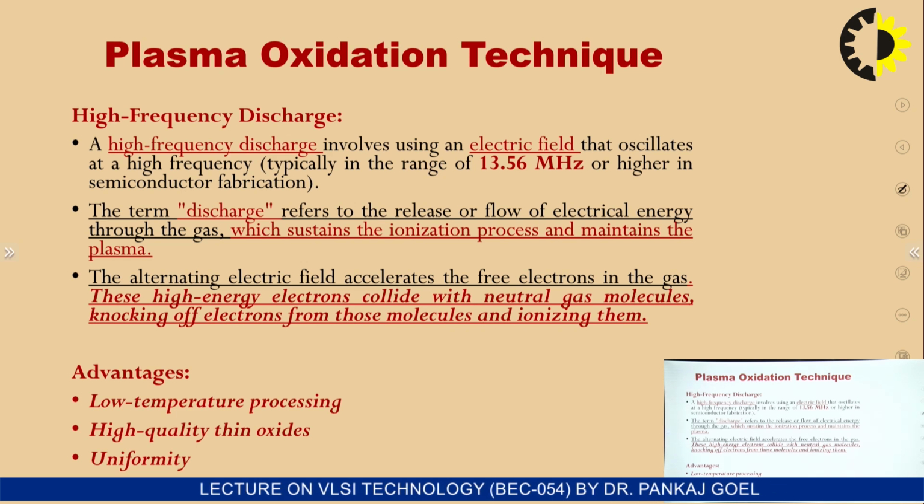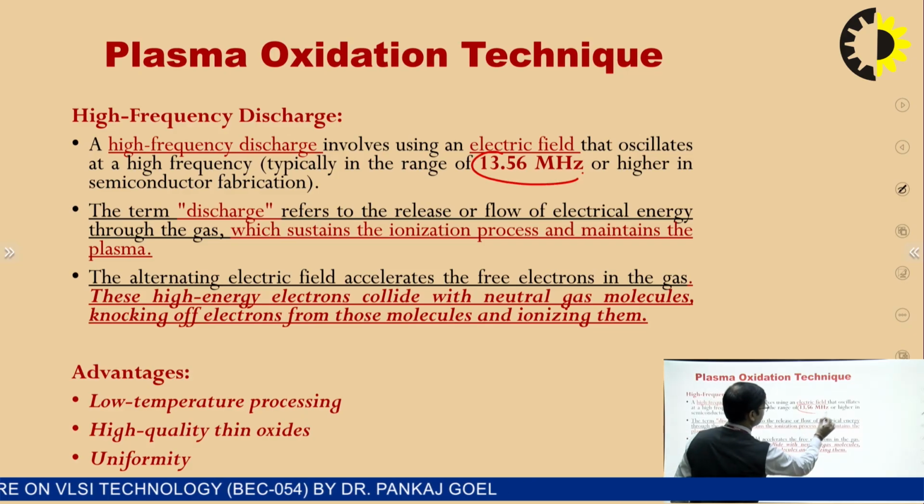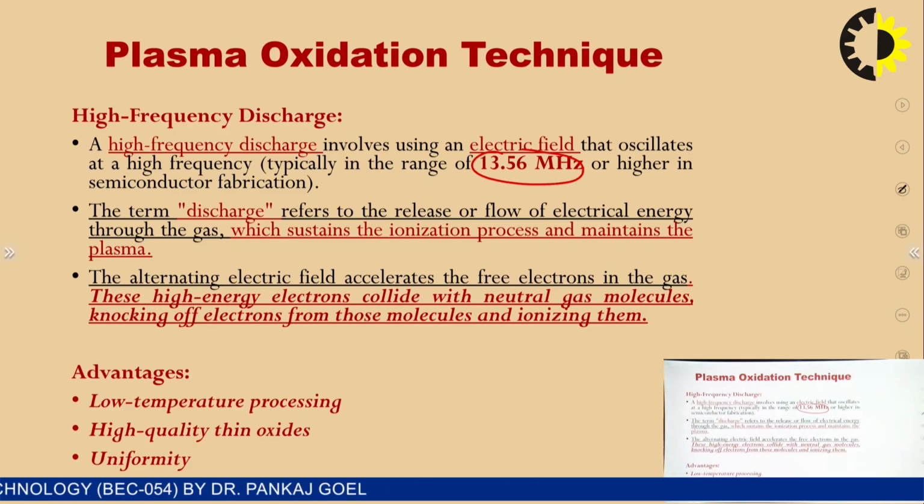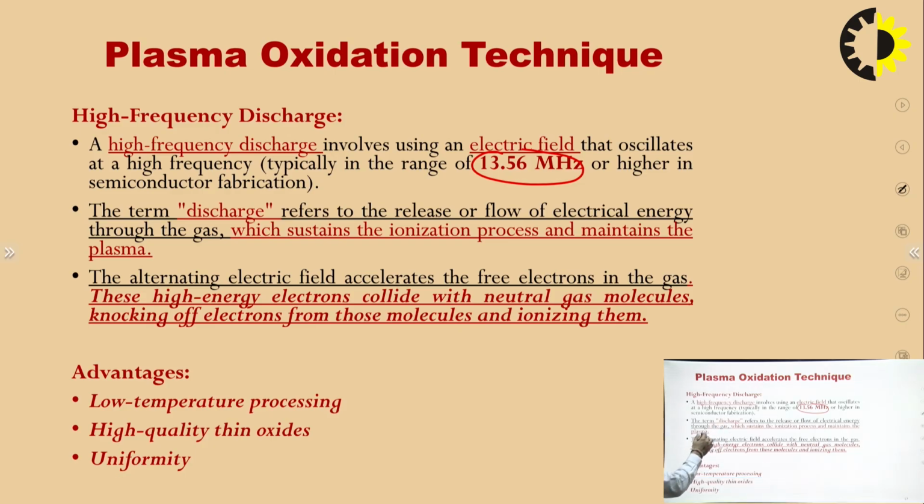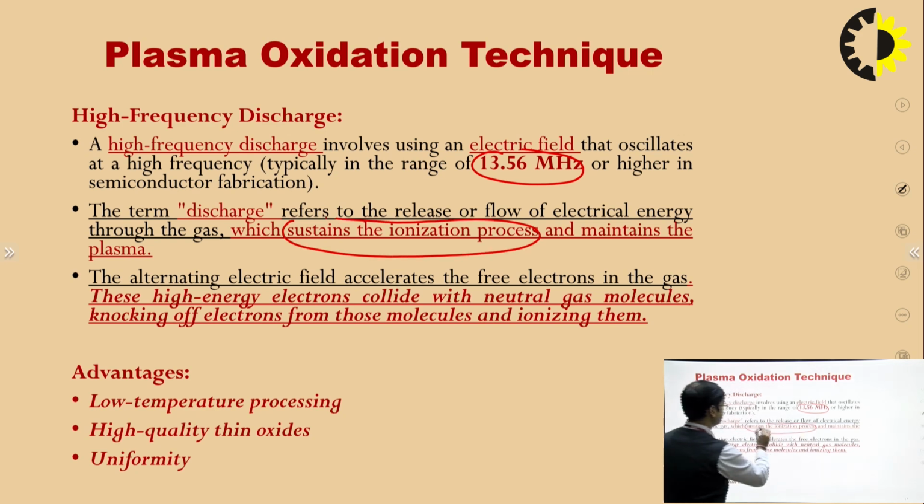Now, what is a high frequency discharge? High frequency discharge typically has a frequency of about 13.56 megahertz. This high frequency electric field releases the electrical energy through the gas, which sustains the ionization process and maintains the plasma.